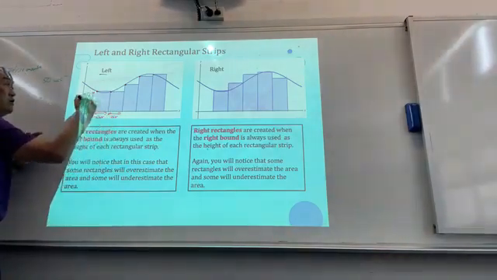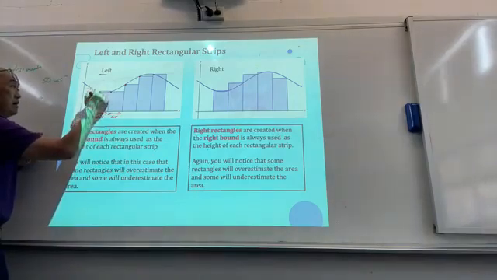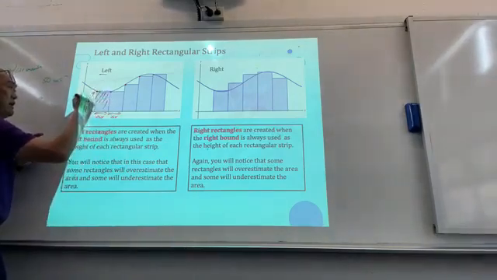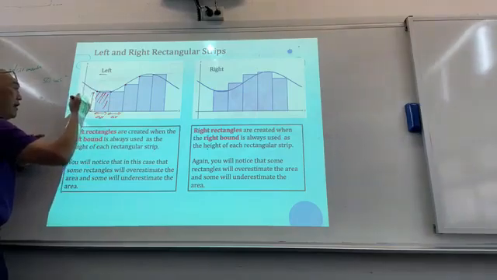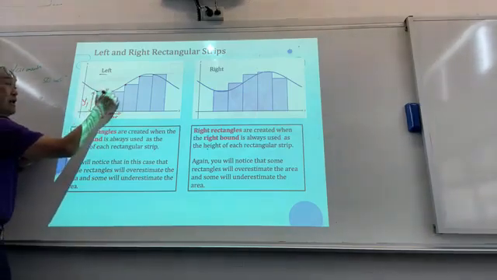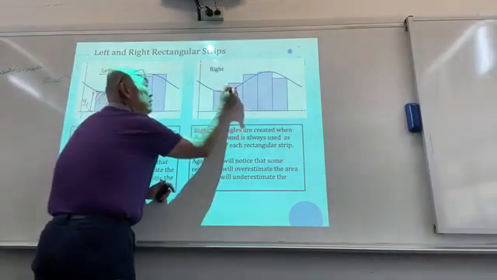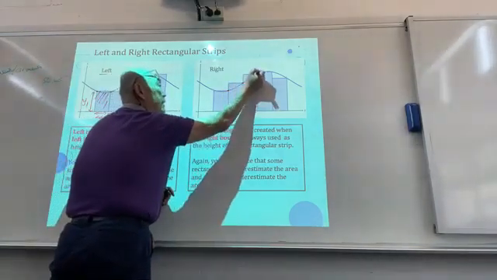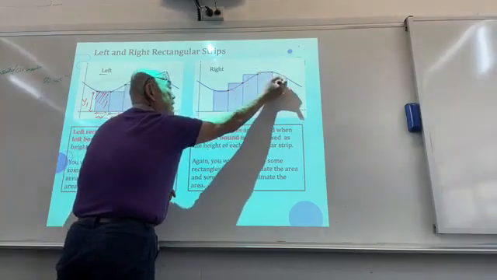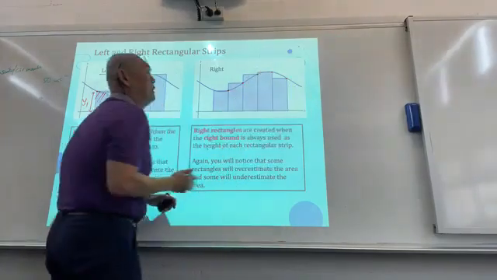So this area is y1 times delta x, and then y2 times delta x, and so forth. So here, the left bound is always used as the height of each rectangular strip. Whereas right, you are looking at this point here. The right bound is always the height.